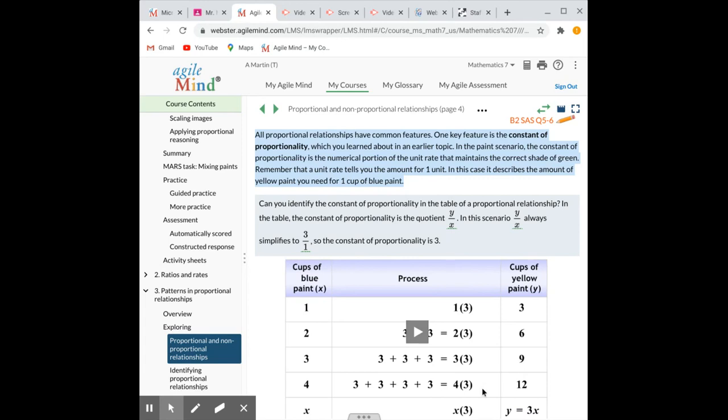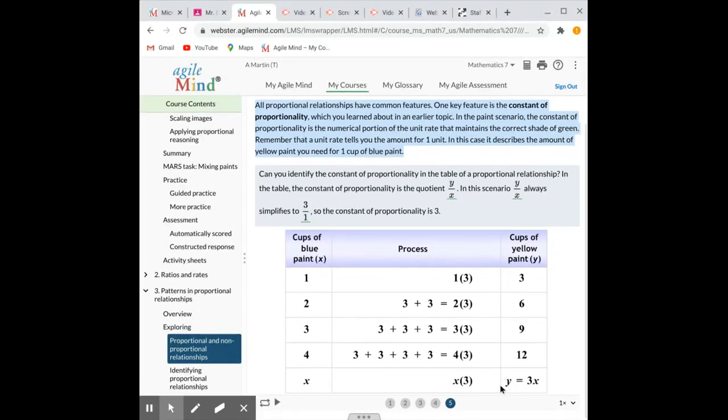All right, so let's take a look at this. It says, can you identify the constant of proportionality in the table of a proportional relationship? In the table, the constant of proportionality is the quotient y divided by x. That's what we've been using. In this scenario, y divided by x always simplifies to 3 over 1. So the constant is therefore what? Say it, Isamian.